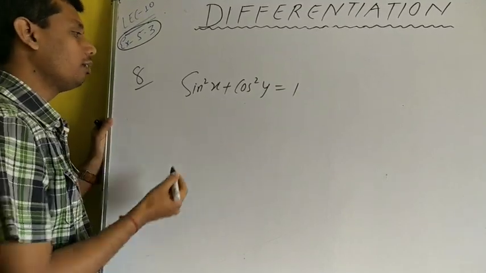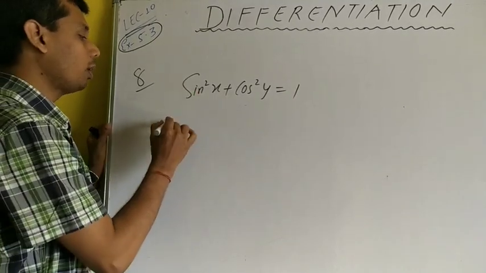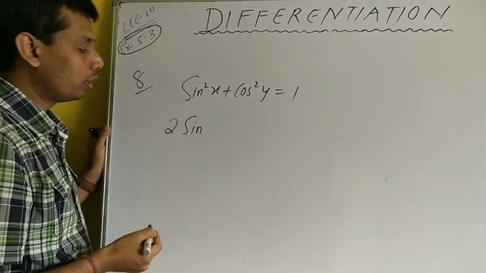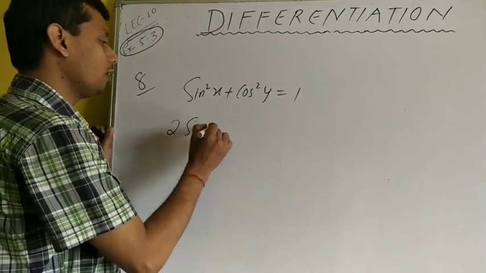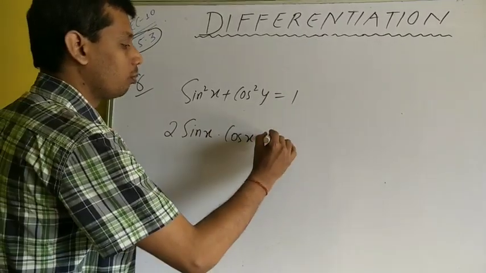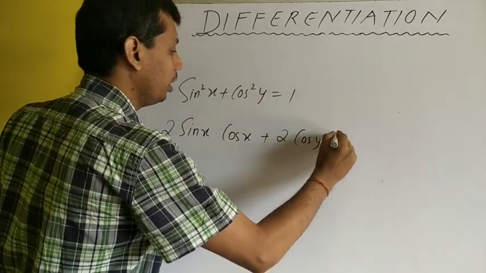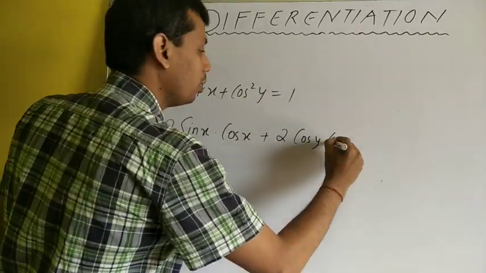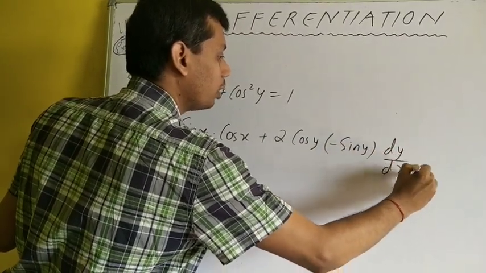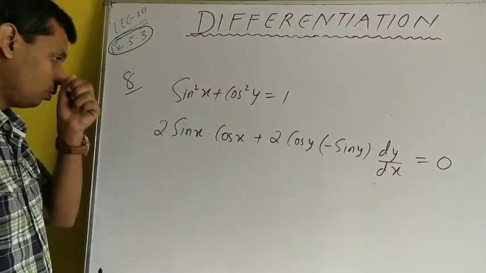So again let us differentiate this function with respect to x. This is in the form of x to the power n, so its differentiation will be n x^(n-1). So 2 sin x. Differentiation of sin x is what? Cos x, plus again 2 cos y. Differentiation of cos y is minus sin y, and differentiation of y with respect to x, dy by dx, and differentiation of constant is 0.